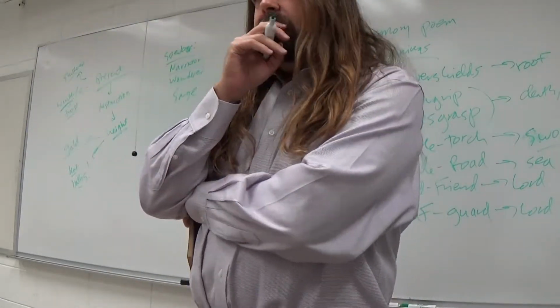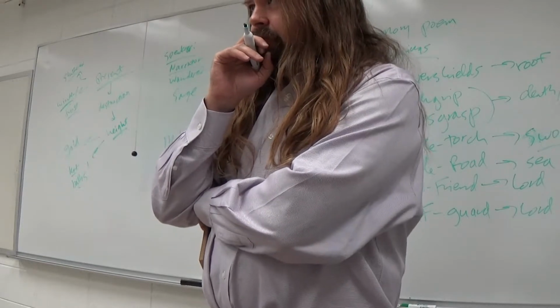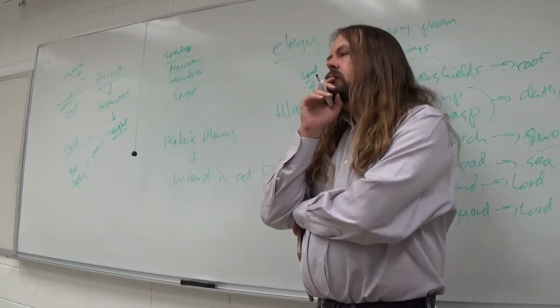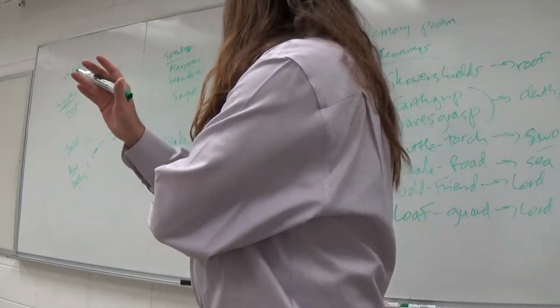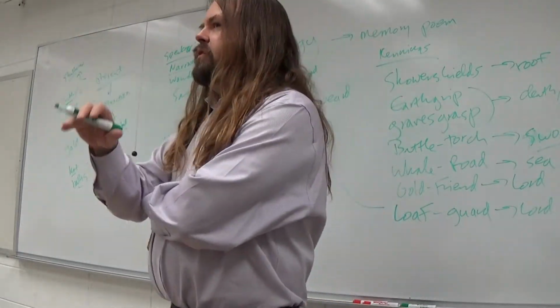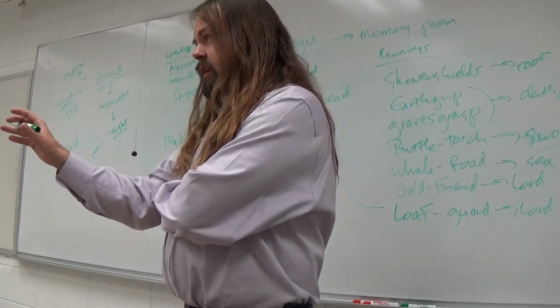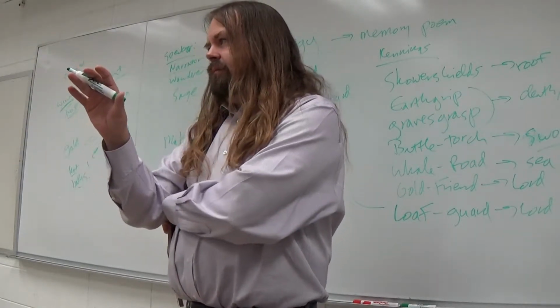So do they just not have a clue what they really believe, or is it just tied in? Well, what we're seeing here is a poem produced by a culture that's in transition between two ways of thinking, right?